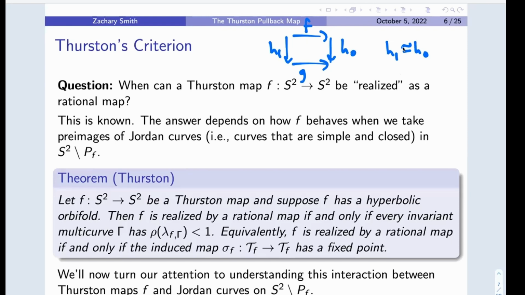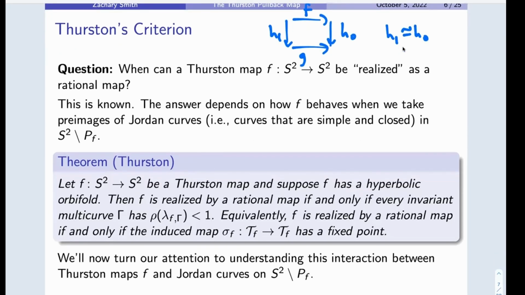Okay. So there's a pretty famous criterion due to Thurston that tells you when exactly you can be realized by a rational map. And I'm not going to explain what all the words in this theorem mean, but it happens when there's what's called an invariant multicurve.